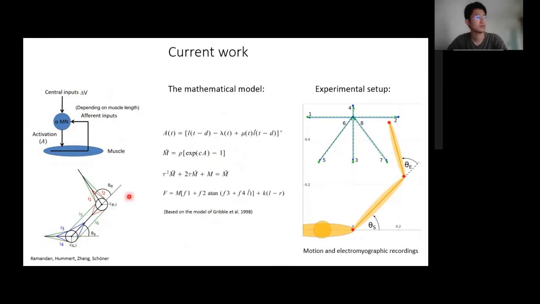Here we have the two-joint arm, which has a shoulder and an elbow. And we have 6 muscles: 2 muscles only acting on the elbow joint, 2 muscles only acting on the shoulder joint, and another 2 muscles acting on both joints. This is called a biarticular muscle, and a muscle acting on a single joint is called a monoarticular muscle. So we have 2 joints, 6 muscles.